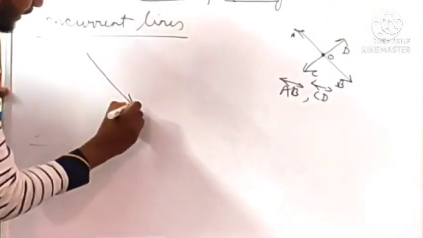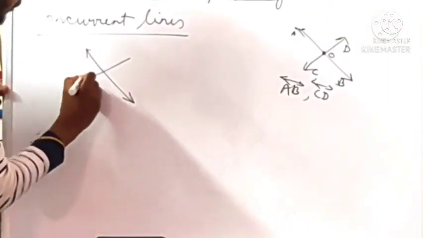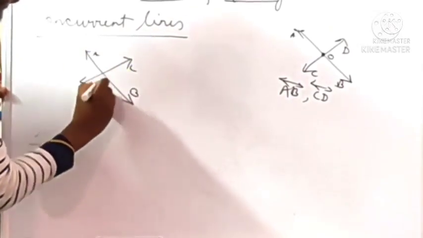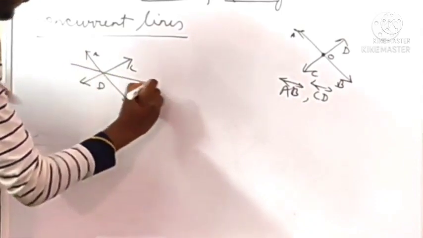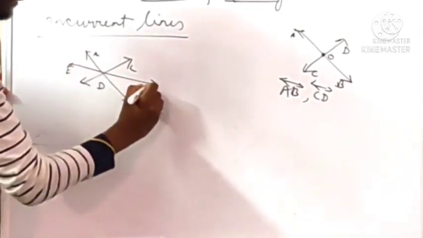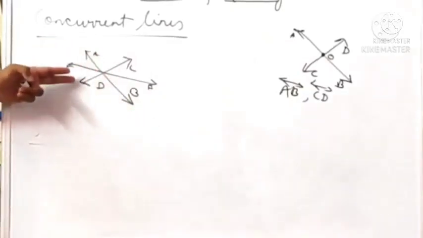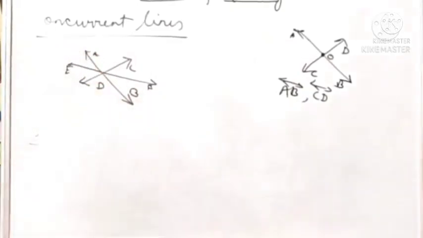Why can they not be said as concurrent lines? Because in concurrent lines there must be at least three lines. That means there can be three lines or more than three lines. Suppose this is line AB, CD, and suppose I have drawn EF. You see that there are three lines AB, CD, and EF. So when three or more lines are intersecting each other at one point, they can be said as concurrent lines.